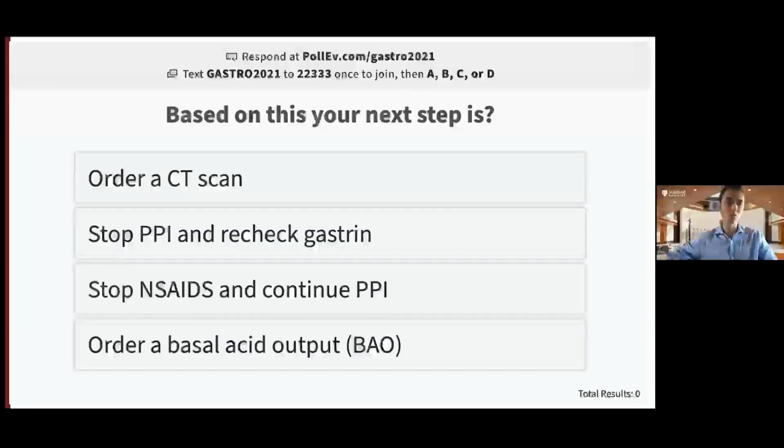The question is, what is your next step for this patient? A, order a CT scan; B, stop the PPI and recheck the gastrin; C, stop NSAIDs and continue a PPI; or last option, D, order a basal acid output test.